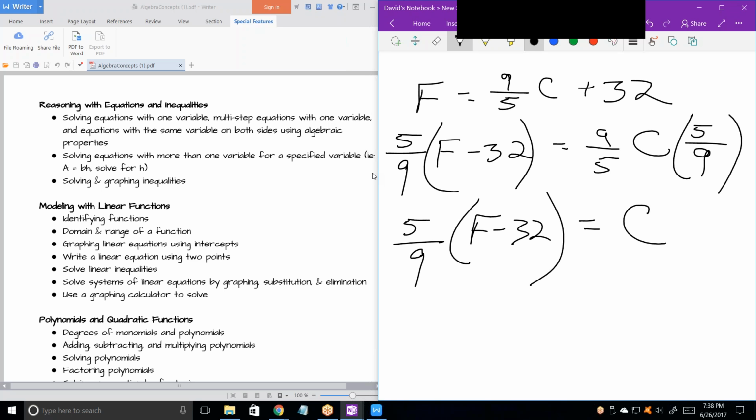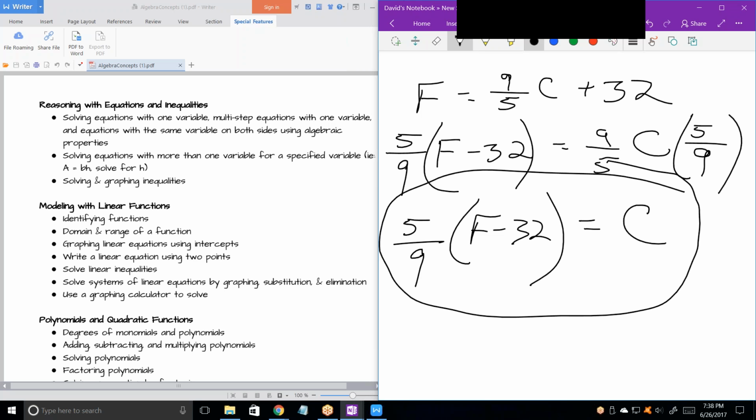Okay? Okay. And this would be very worthwhile if they said to you, what's 100 degrees Fahrenheit equal to in centigrade? Well, you could plug in 100, but you'd still have to solve for C, right? But if I go straight to that step and I say, what's 100 degrees Fahrenheit in centigrade, I just plug in 100 here, do the math, that's the centigrade temperature. So that's why you want to be able to do this. You always want to be able to solve an equation for any variable that they show.